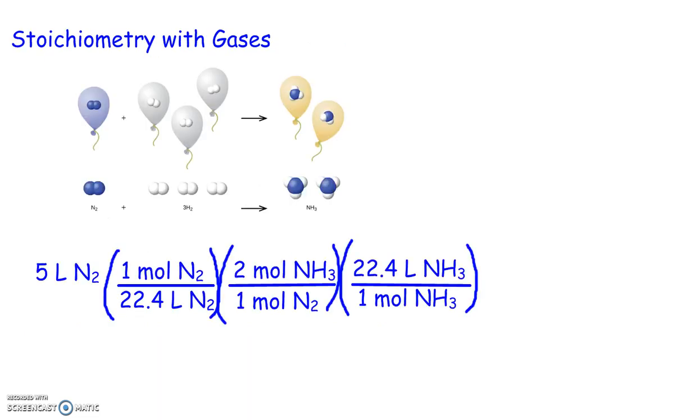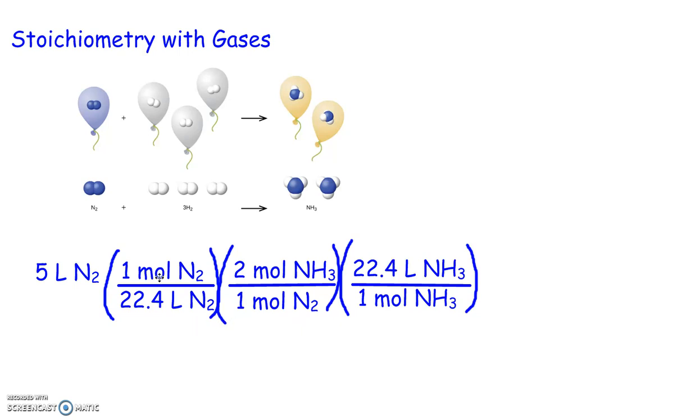The last thing that we're going to look at is stoichiometry with gases. When we've done stoichiometry problems with gases before, we've said, all right, let's say I have 5 liters of nitrogen gas that's reacting, and I want to know how many liters of ammonia gas I'm going to end up with. We've converted from the volume of the gas to moles, and then used our mole ratio to get to moles of ammonia, and then converted back to liters of NH3.